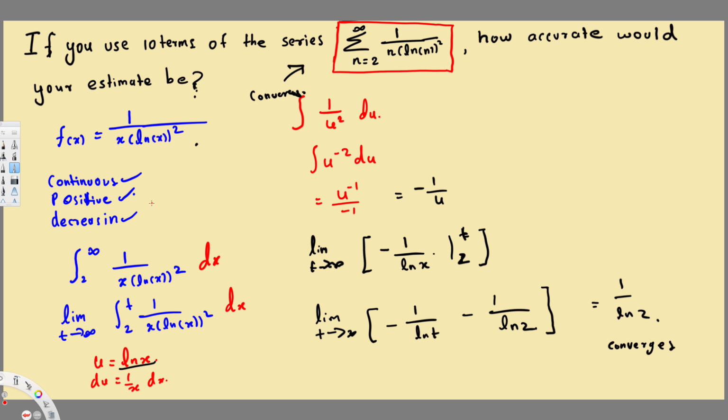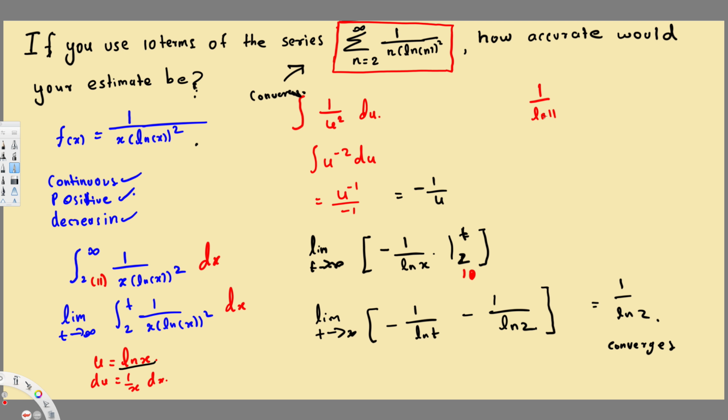All we have to do is change the limits of integration. Instead of 2, we plug in 11. So only the lower limit is going to change. We still get 0 for the ln t part, because that remains the same. The only value that changes is this 1 over ln 2, which becomes 1 over ln 12.